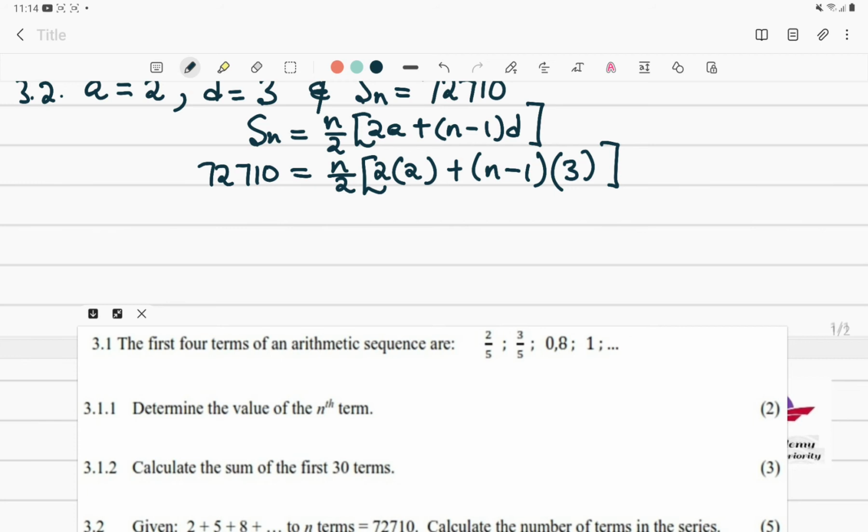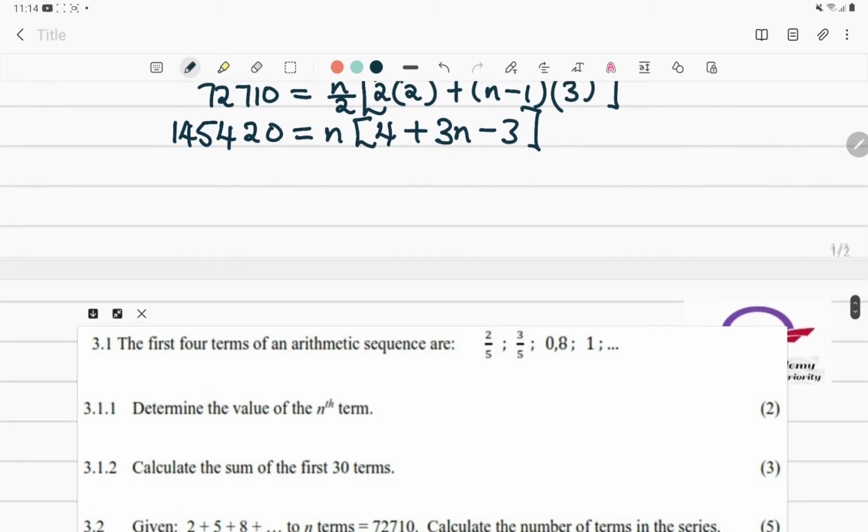The denominator is 2, so we cross multiply: 72,710 multiplied by 2 will be 145,420, equals n into (4 plus 3n minus 3).